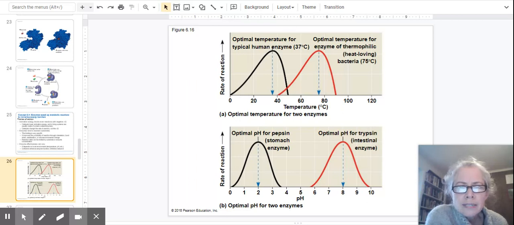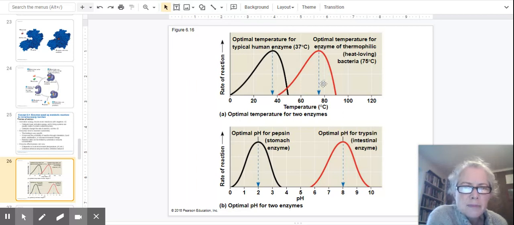Okay. What's interesting is that over here you're looking at a similar shaped curve, but its optimum is a fundamentally different temperature. This is an enzyme that is in a particular kind of bacterium that lives in very, very hot environments, such as the hot springs and geysers of Yellowstone National Park. This particular one happens to love 75 degrees C, which is very hot, and its optimum is at 75 degrees.